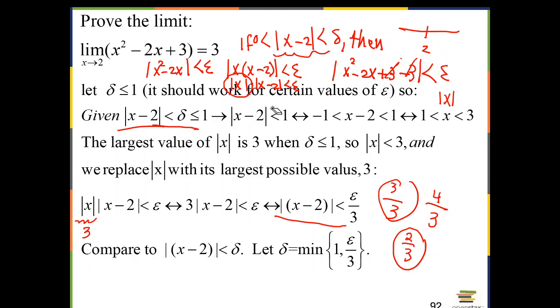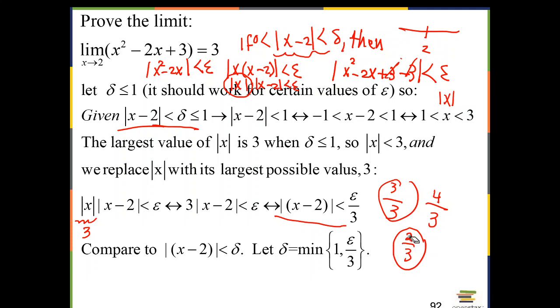So I have to switch my choice and say, okay, I'll let delta be 2/3 this time, right? So in this kind of situation, when we use this trick to get rid of part of this that we couldn't get rid of, we have to write that delta is the minimum of either 1 that I started with or this expression.